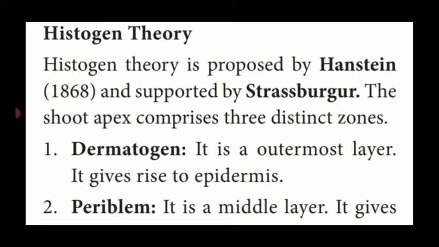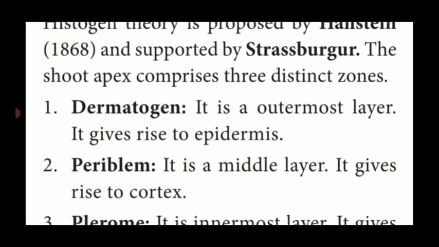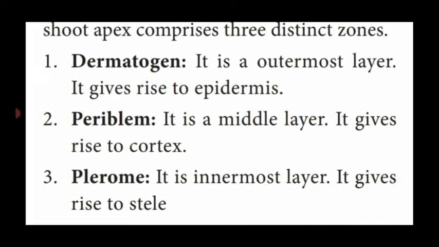Second one, histogen theory. This theory is proposed by Hanstein in the year 1868 and supported by Strasburger. According to histogen theory, a shoot apex consists of 3 zones. The outermost zone is said to be dermatogen, which gives rise to epidermis.